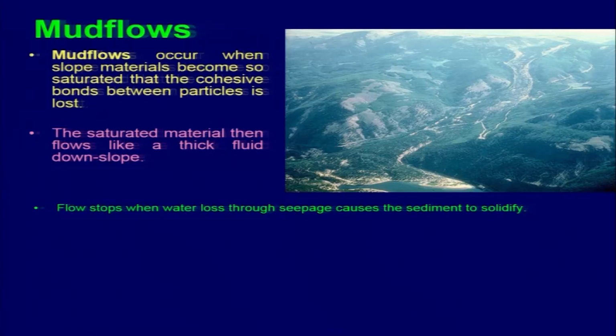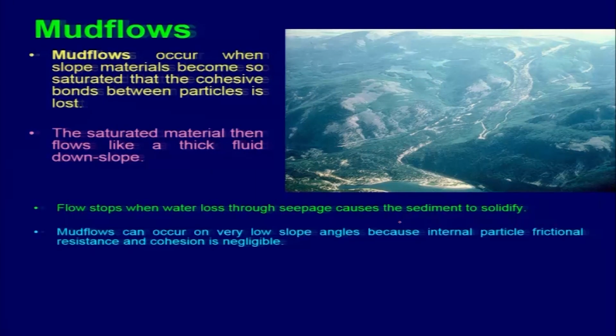Now, the flow stops when the water is lost through seepage. So, the material will be dumped as soon as the saturated material loses the water, or there is an escape of water from the sediments, and that solidifies.